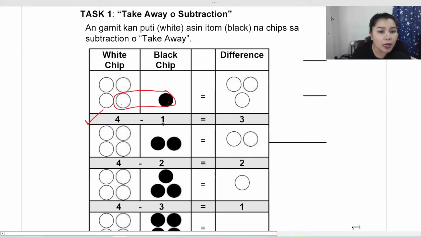How did we come up with 3? These are the number of white chips left after being partnered with black chips. So we have 4 minus 1 equals 3. So 3 white chips remain after a black chip is partnered with a white chip.